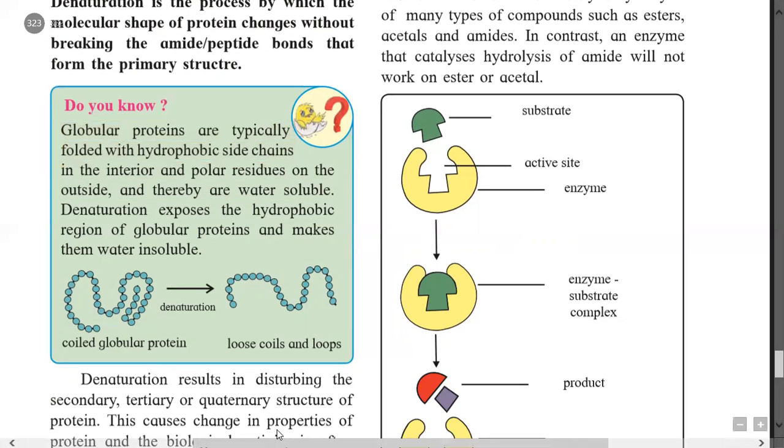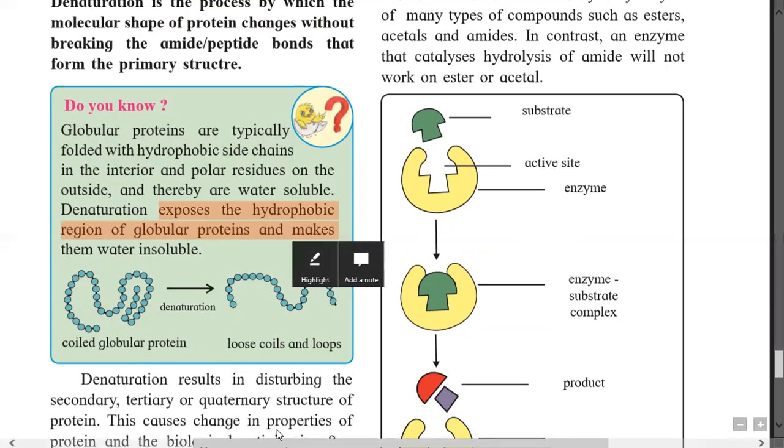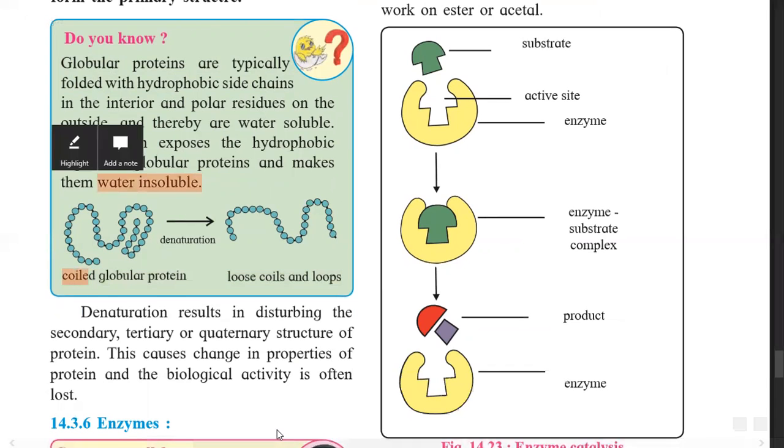Now, denaturation exposes the hydrophobic region of the globular protein, and therefore the globular protein becomes water insoluble. How this change is observed is given in the figure, that is, a coiled globular protein.